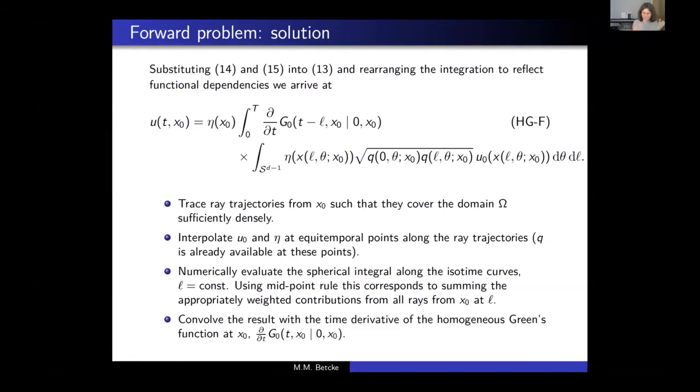Your sensors integrate the signals that come at the same time. This is exactly what this part of the integral is doing. And now I have this derivative of the homogeneous Green's function in free space that I convolve with. Okay, so this is my forward operator in ray form.